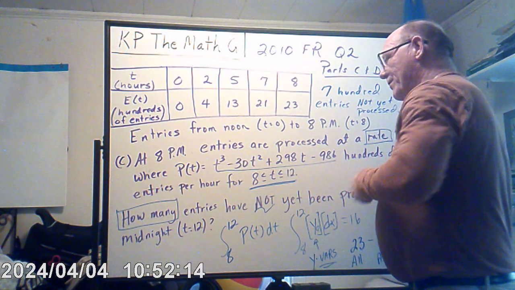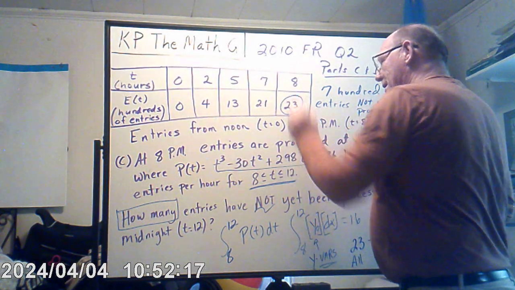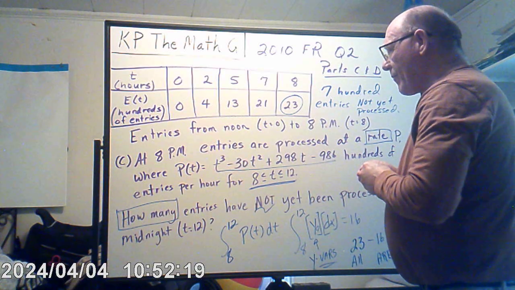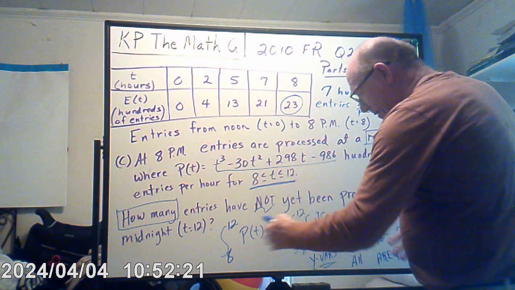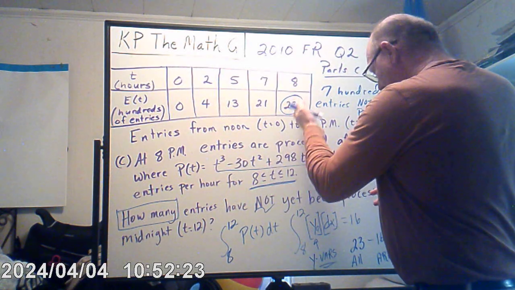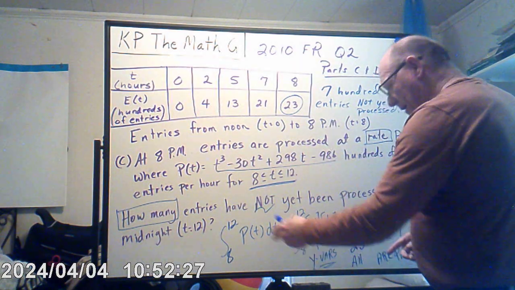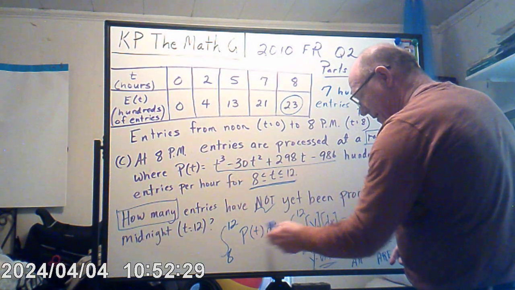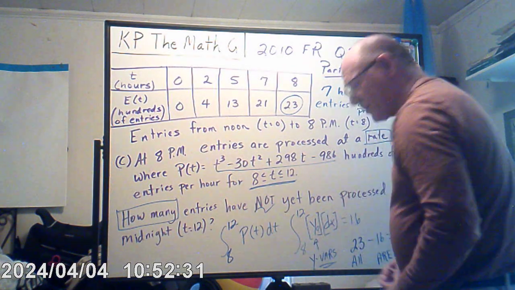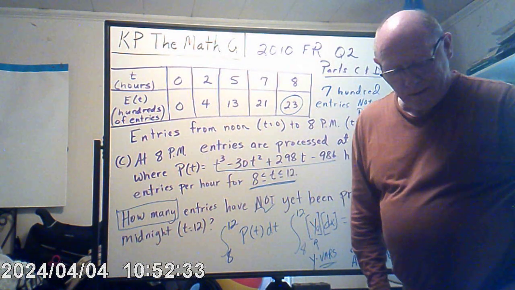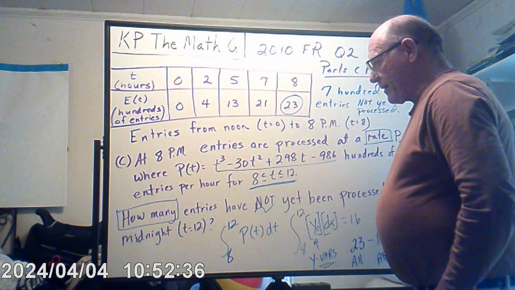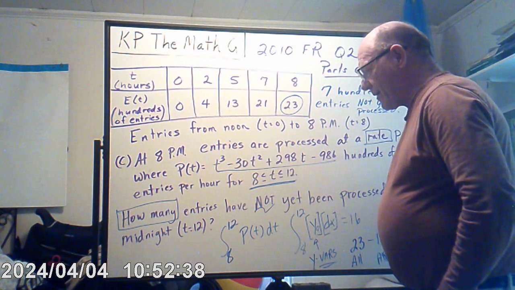That's where you get it from this chart here. So E at 8, which is 23, minus the antiderivative of P at t dt from 8 to 12. And that is that one right there.